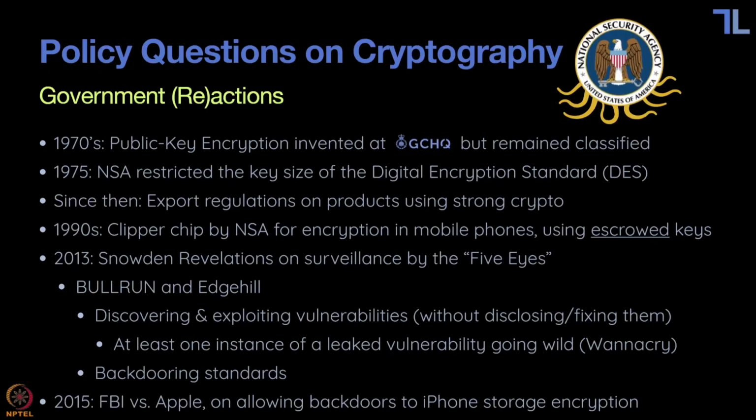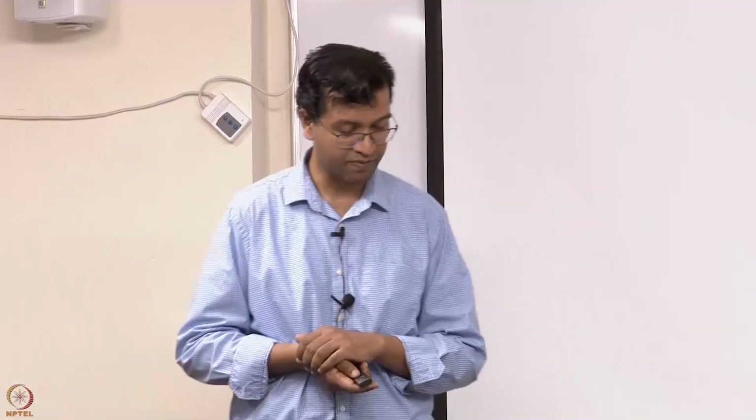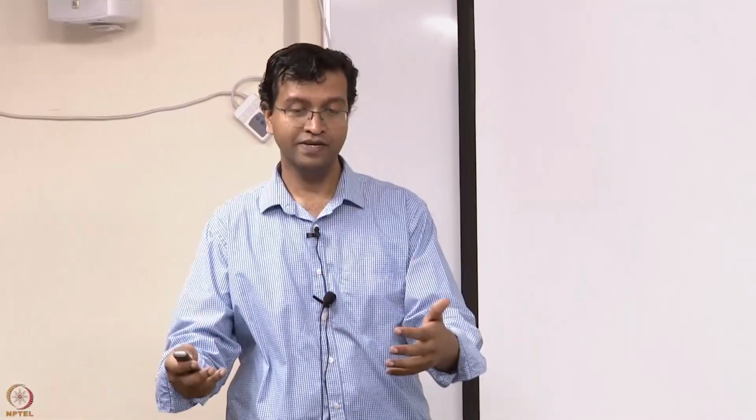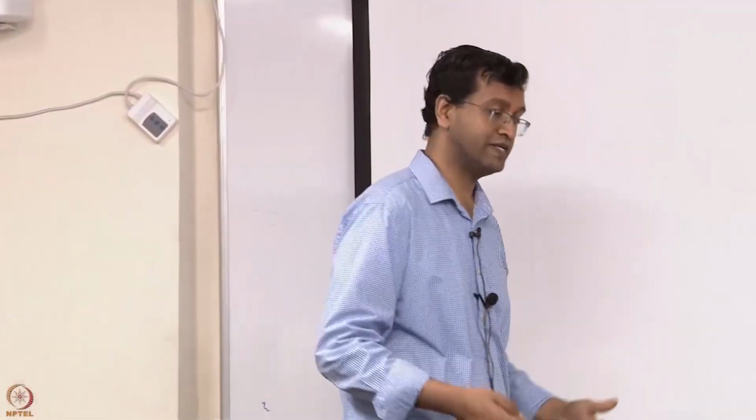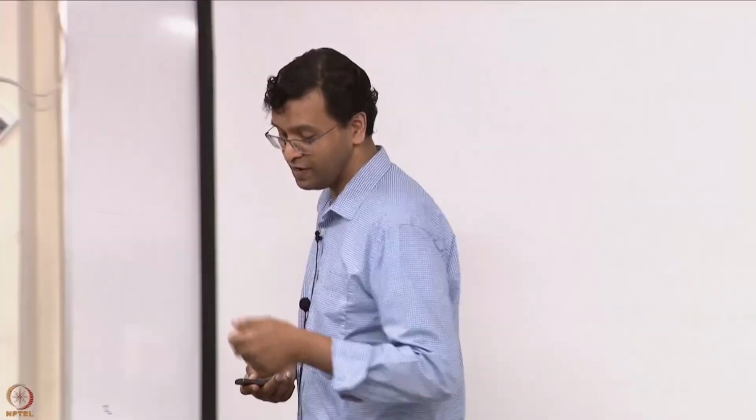But eventually, in that particular instance, they managed to break it because of some other vulnerability in iPhone, and they got it done without Apple's cooperation. But the point was the government and the software companies were at opposing ends. The software companies want to provide, or at least they want to look like they're providing, security to their users. The governments want a way around it.